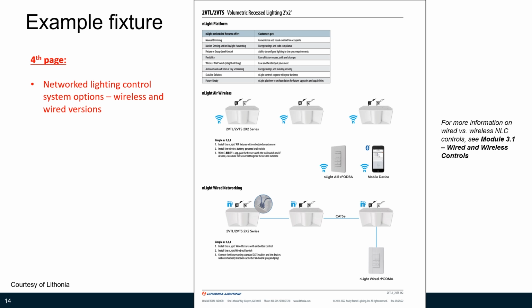So that's very convenient, because that means you don't have to go back and forth, and it's not a big giant research project. The likelihood is that the detailed information you need about how the controls work for this fixture are right here on the fixture cut sheets themselves, and that's kind of what you're seeing here.